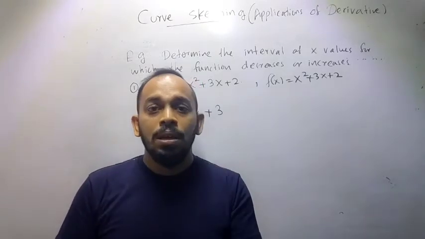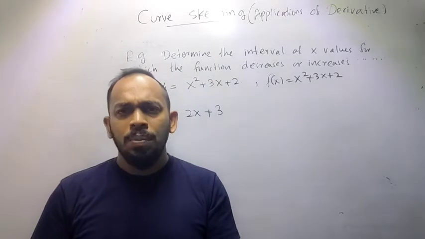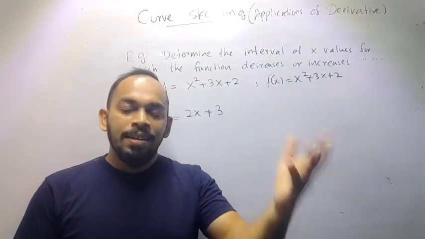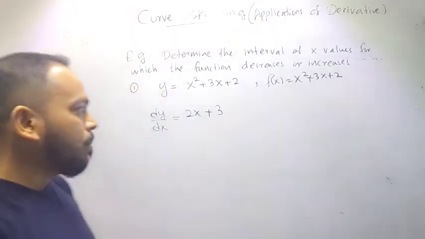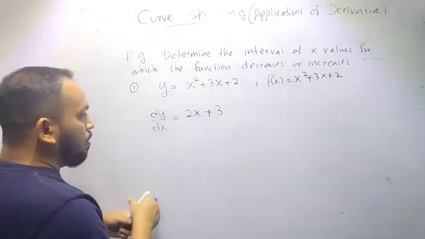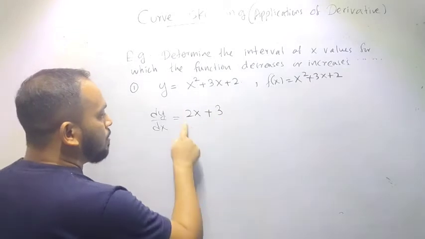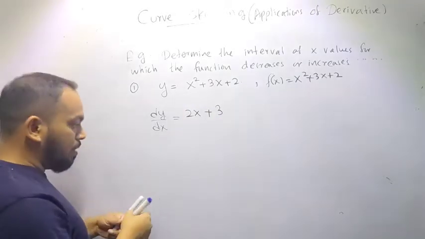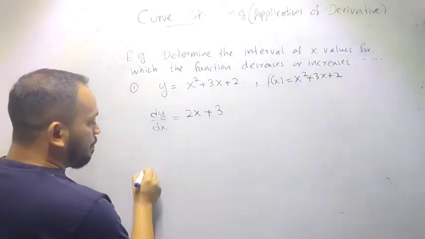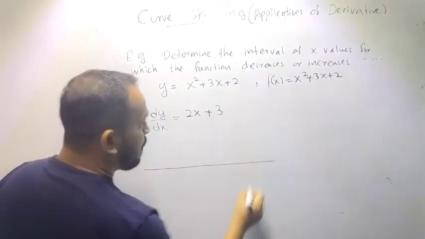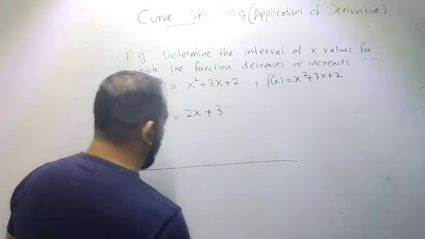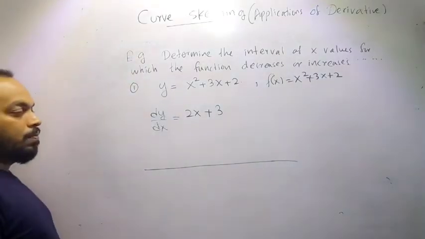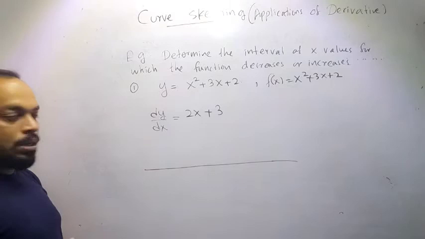So first we need these critical values, so we call them critical values, and in future we'll call them turning points, right? So keep that in mind. First of all, we need to find for which x values this derivative is 0. Then we use a number line to represent it, just like we did with inequalities.